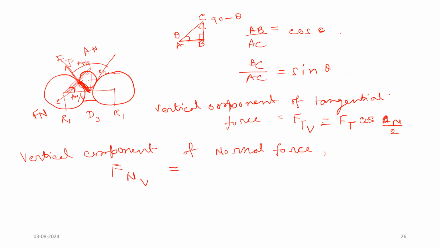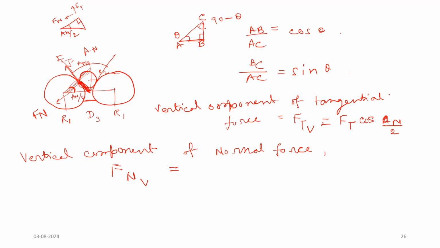And from the triangle, what do we understand? If you get confused, I am drawing the triangle again. It is n by 2 I am talking about. This is 90 degrees, okay? In this direction Ft was working, in this direction Fn was working. So in case of tangential force Ft, the vertical component will be this, and it has the angle n by 2.